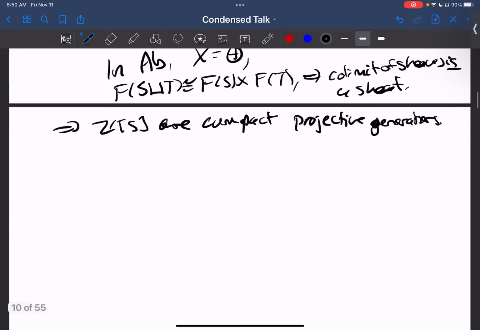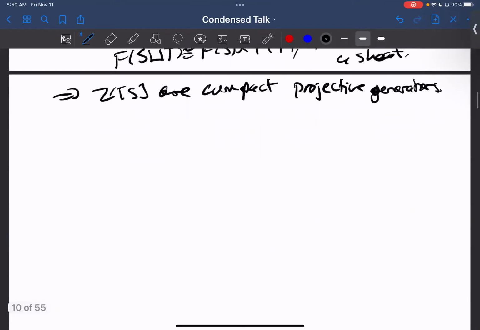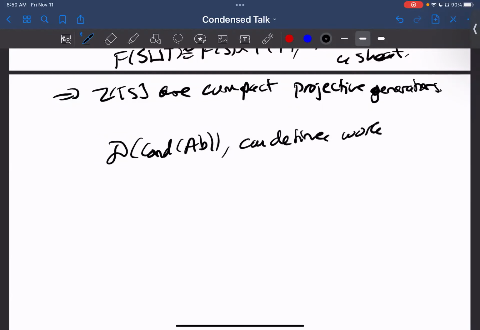All right. So we can actually define the derived category of condensed abelian groups as usual. I will add a note here.